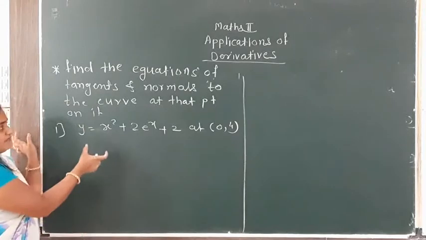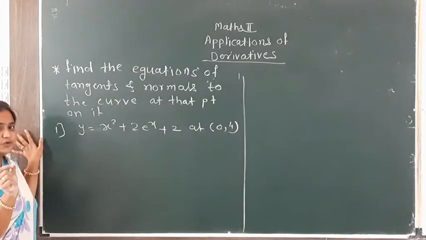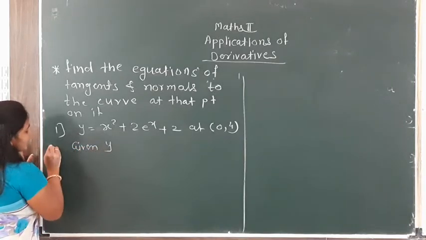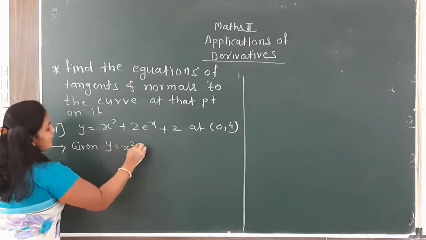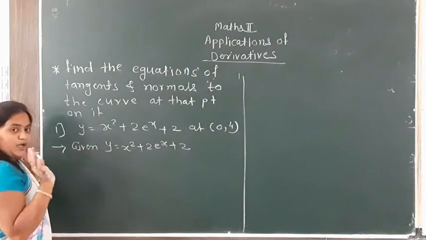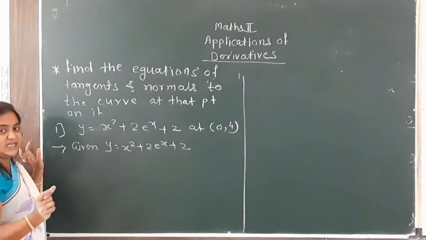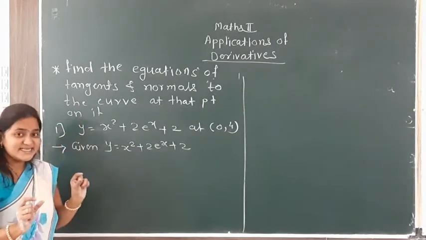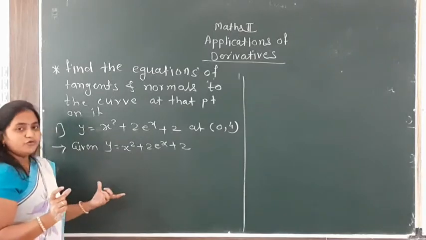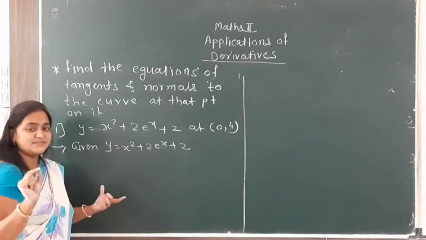Whenever we find the equation of tangent and the equation of normal, first we find the derivative of y. Here y is given, because the derivative of y with respect to x is the slope of the tangent, and we know that if a point and slope are given, we can find the equation of the line by using the formula y minus y1 is equal to m times x minus x1.